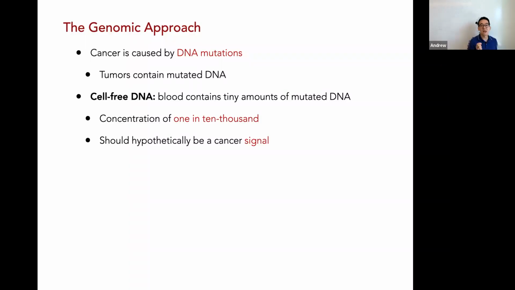Now, here's the idea. This is also an idea basically from 1980 to 1990. Whether your cells are healthy or tumorous, there is a notion of cell-free DNA. Inside every single cell in your body, from Bio 101, there are strands of DNA.